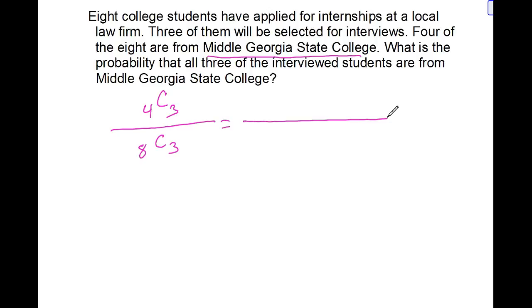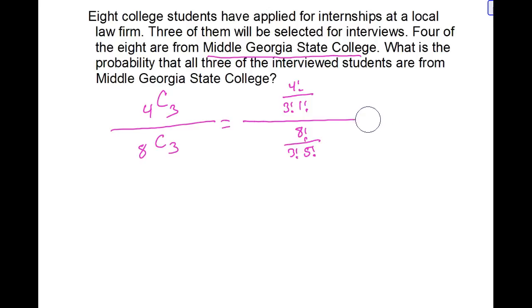So my top combination is going to be 4 factorial over 3 factorial times 1 factorial. My denominator is going to look like 8 factorial over 3 factorial times 8 minus 3, which is 5 factorial.